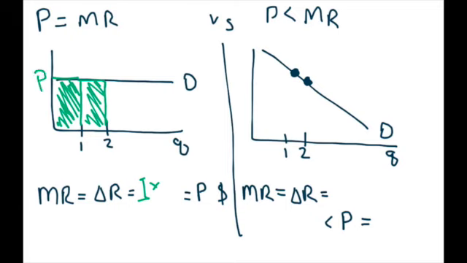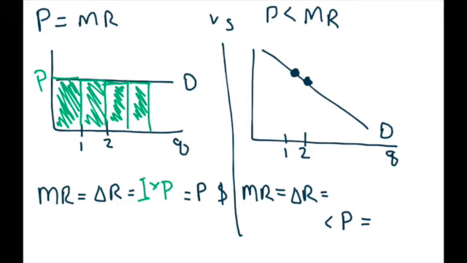This is the price, so times P, and that gives us P dollars in revenue. And since this is completely flat, remember that P equals MR, MR and D are flat, and the same line, we're always going to get an extra P dollars, whatever P is, for each marginal unit. And that's why we say P equals MR.